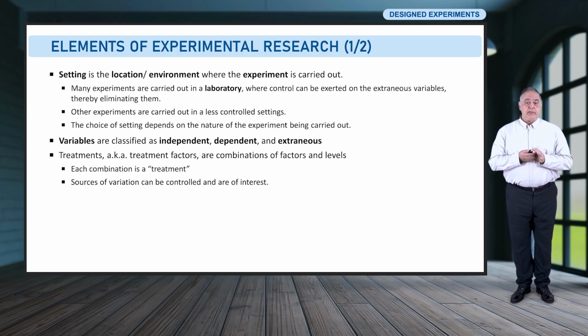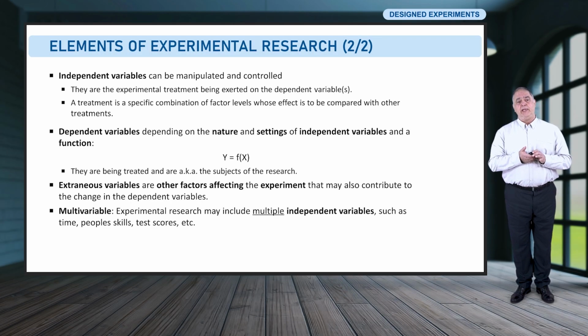Each combination is a treatment. So sources of variation can be controlled, and they are definitely of interest. Independent variables can be manipulated and controlled. When we talk about independent variables, we refer to the process inputs, the X's.